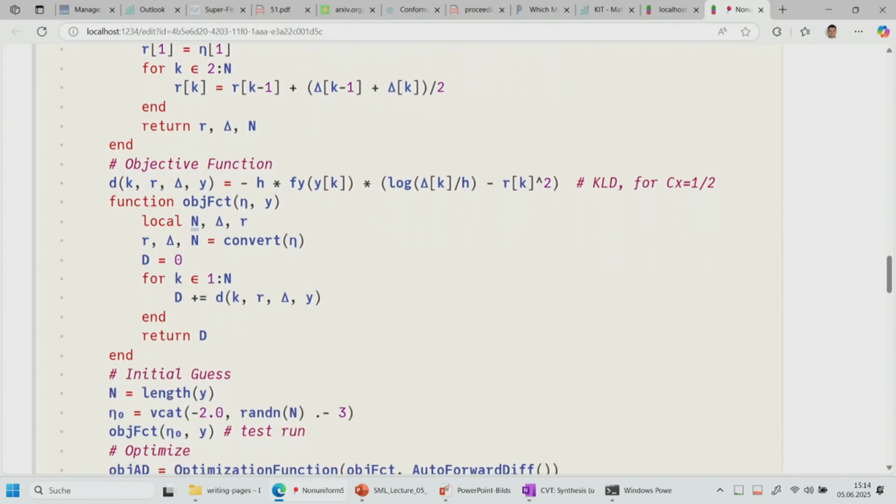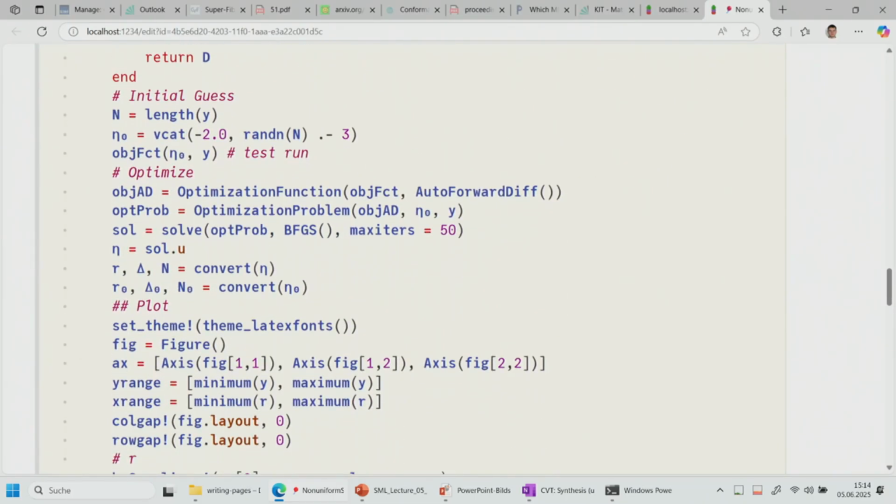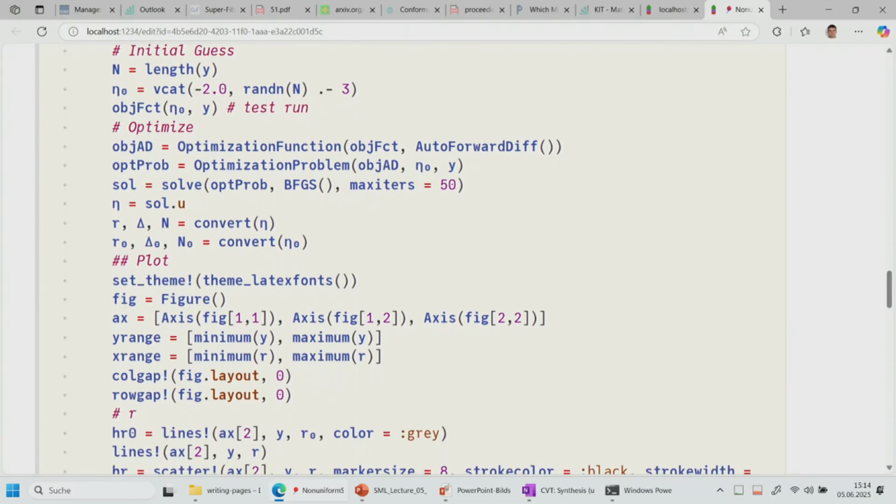Then we have the objective function itself, where we convert the values of the optimizer, calculate the desired values, offset, increments, everything, and then we add up all the distance values, from 1 to n over all the quantization intervals. Then we take some initial guess. This is the initial offset as -2, just to have some offset, and then we have some random values for the mapping.